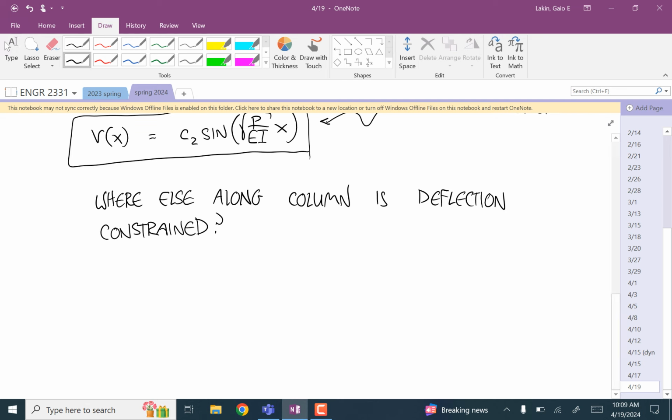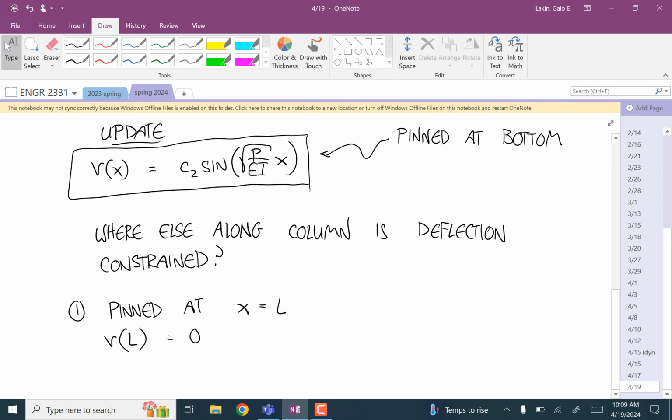Well, the first type we considered was one where it's also pinned at the top. Okay? The top is at x equals L. And so that says the deflection at L is equal to 0.